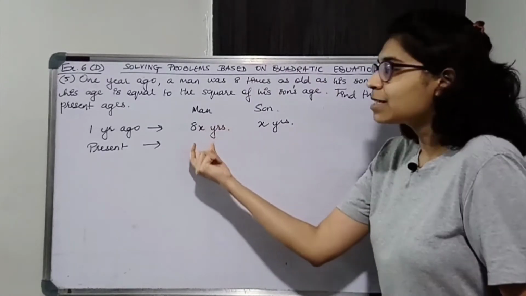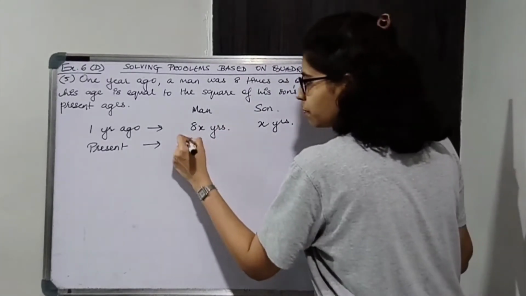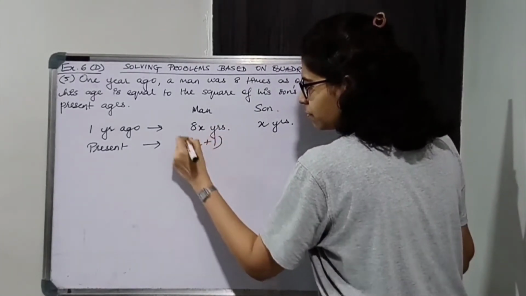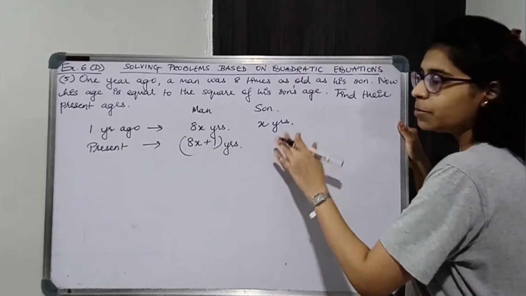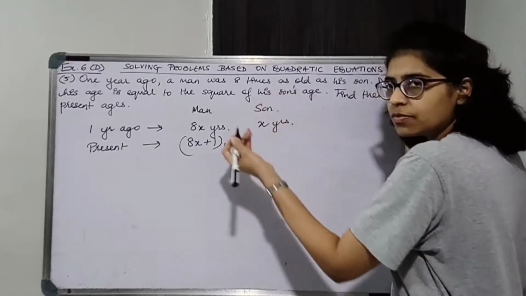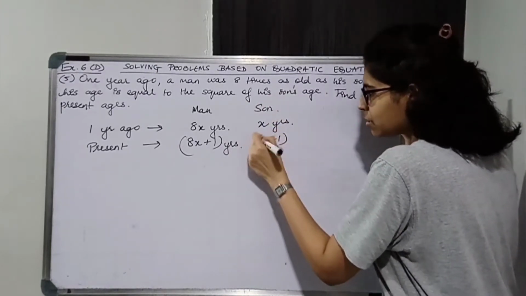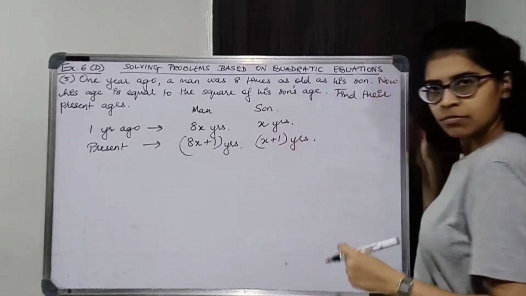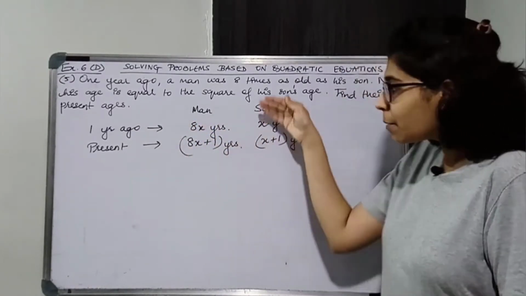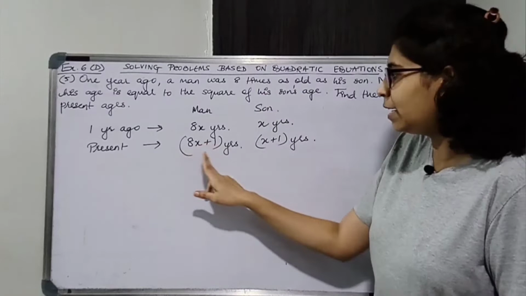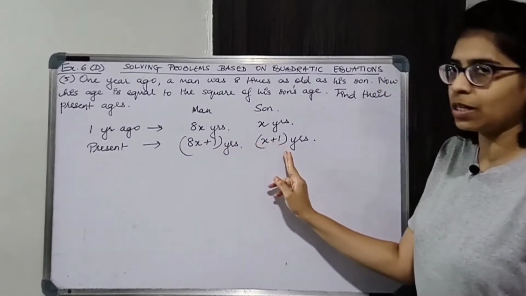So 8x plus 1 will be the age. Right? What will be son's age? He will also turn 1 year older. So x plus 1. Right? So ये 1 year पहले का ages है. So अभी का ages क्या हो जाएगा? It will be 8x plus 1 and x plus 1.